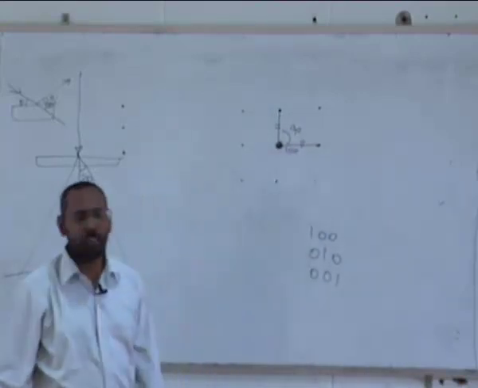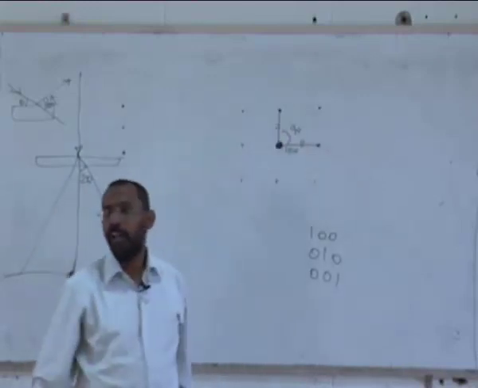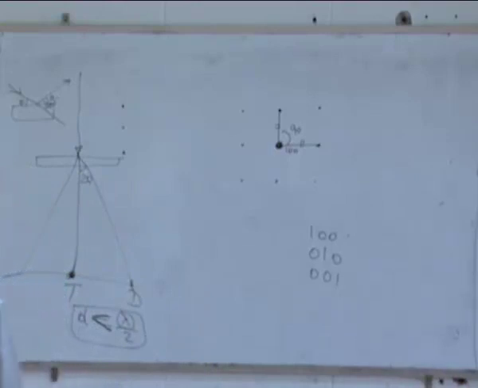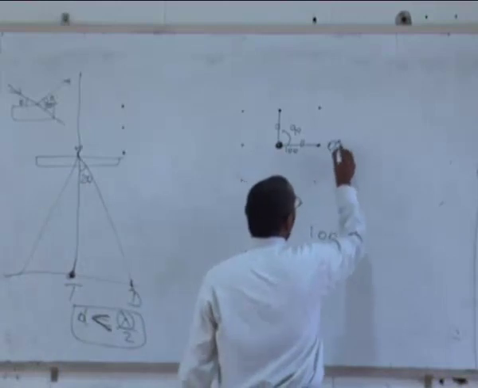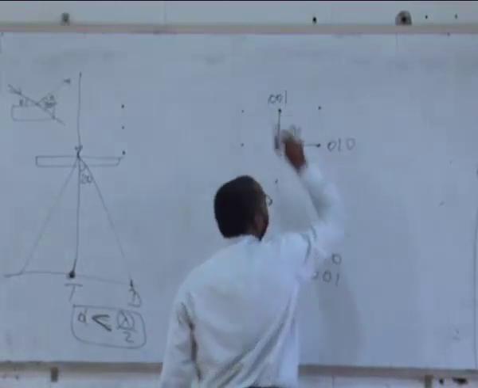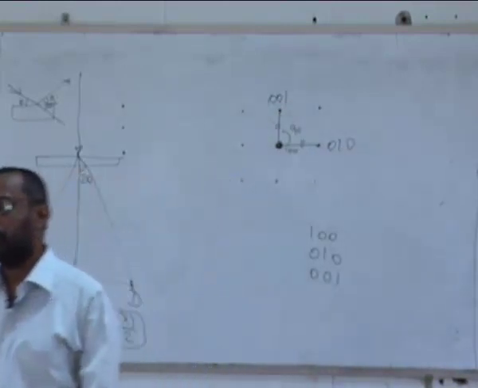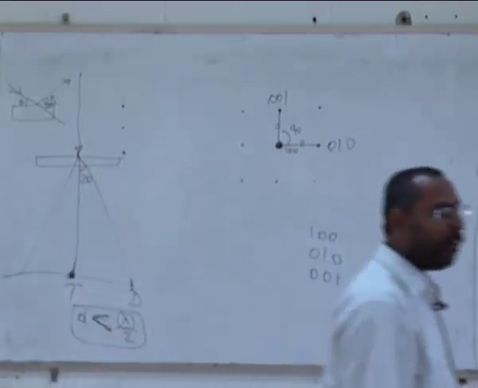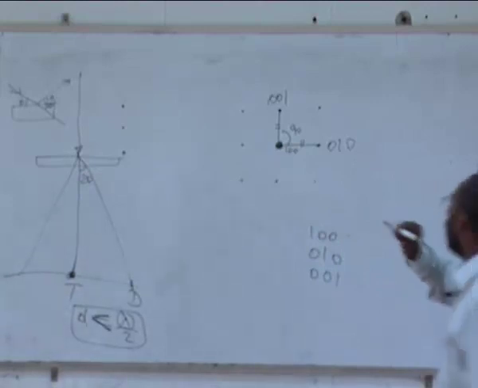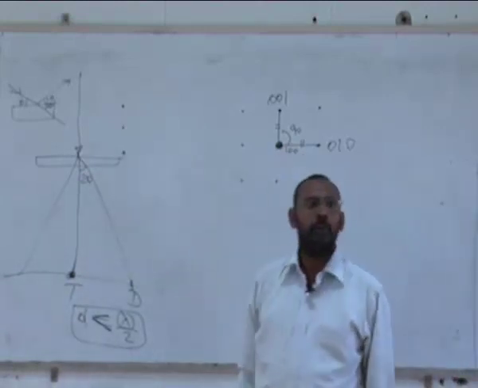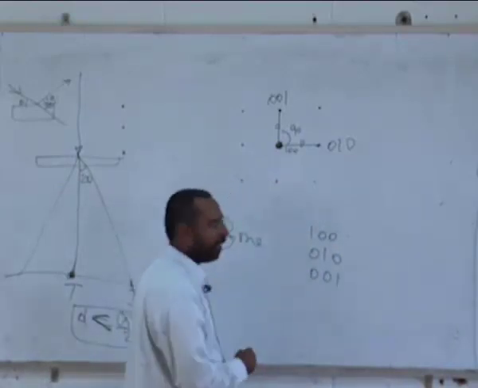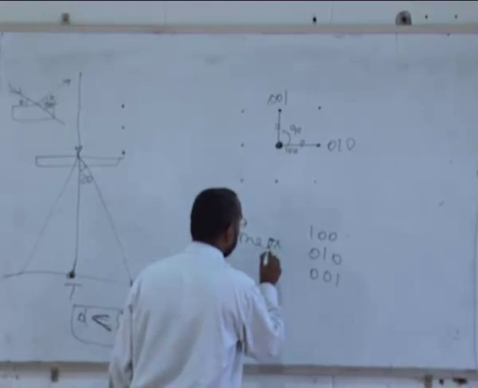And that clearly tells you that these two spots have to be those spots which are at 90 degrees and at equal distance, and those are nothing but the 010 and 001. So those are coming from planes which have a 90 degree angle with my beam, and we call the beam direction the zone axis.